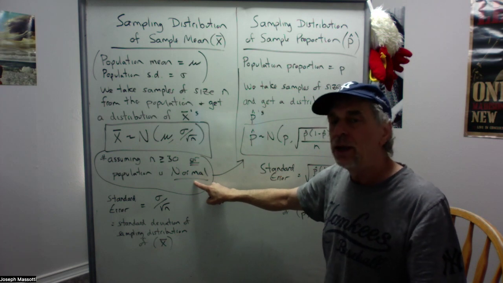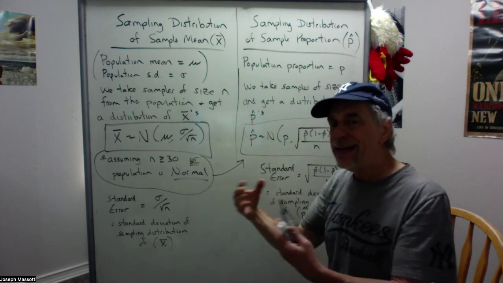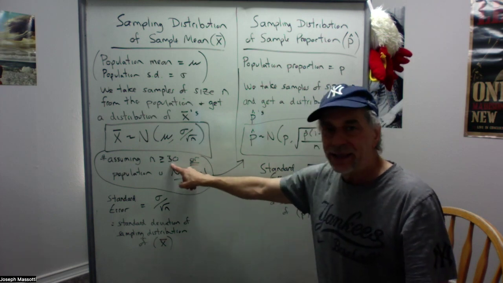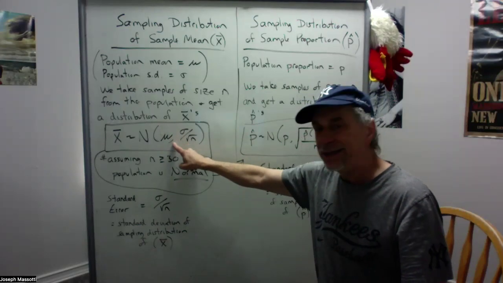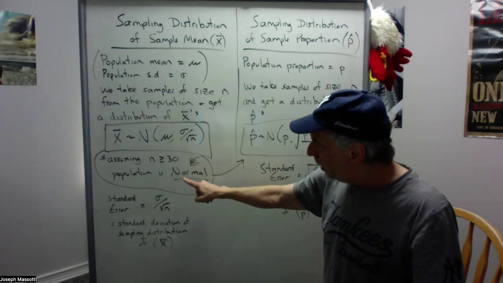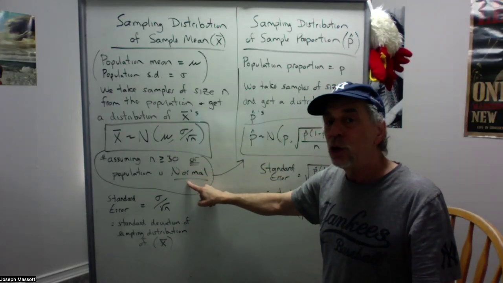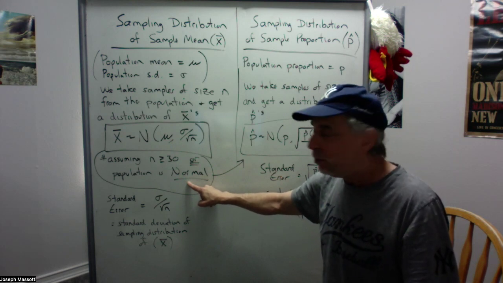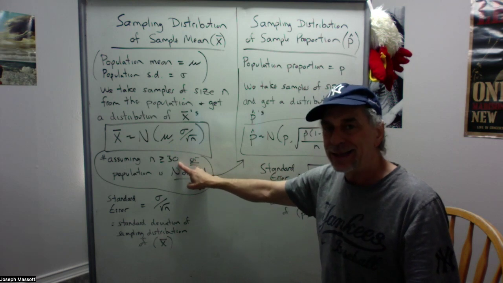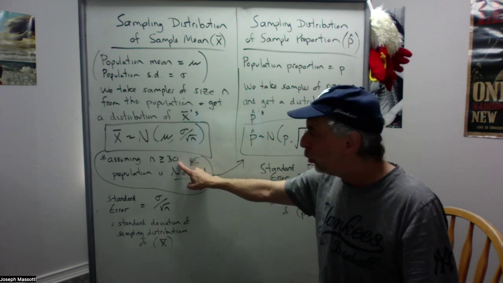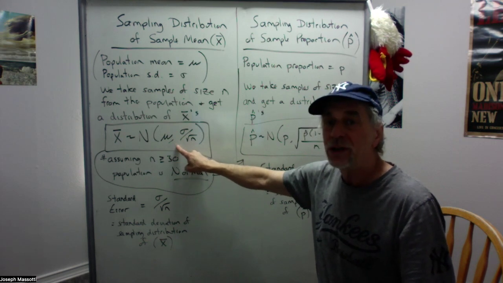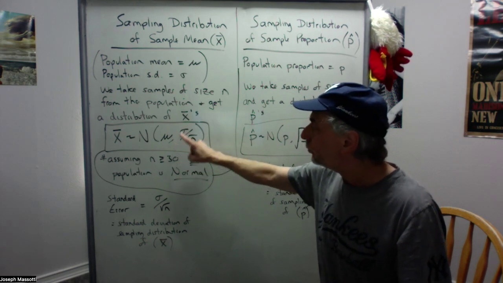If we're told that the population itself that we're taking these samples from is normally distributed, then we don't need this condition in order for this to be true. But if the population is not normal, or if we're told that we don't know if the population distribution is normal, then we need the sample sizes that we're taking to be 30 or greater in order for this to be true and in order for us to do what we want to do.